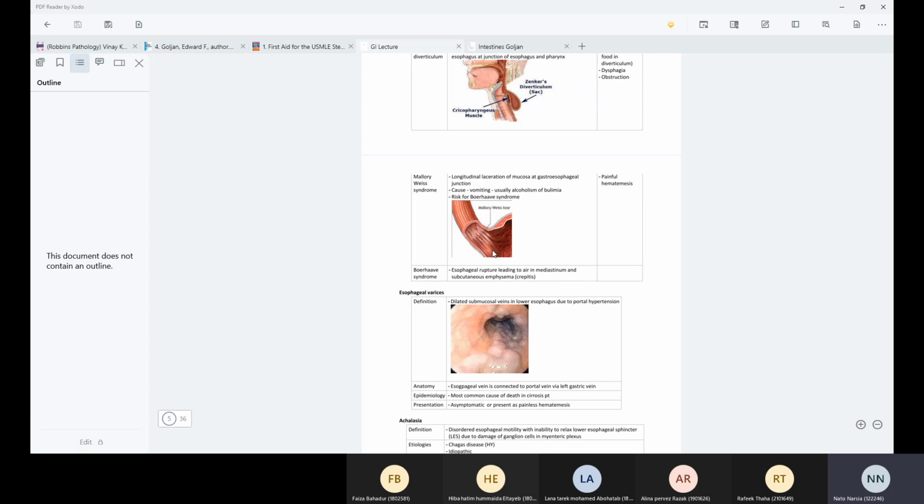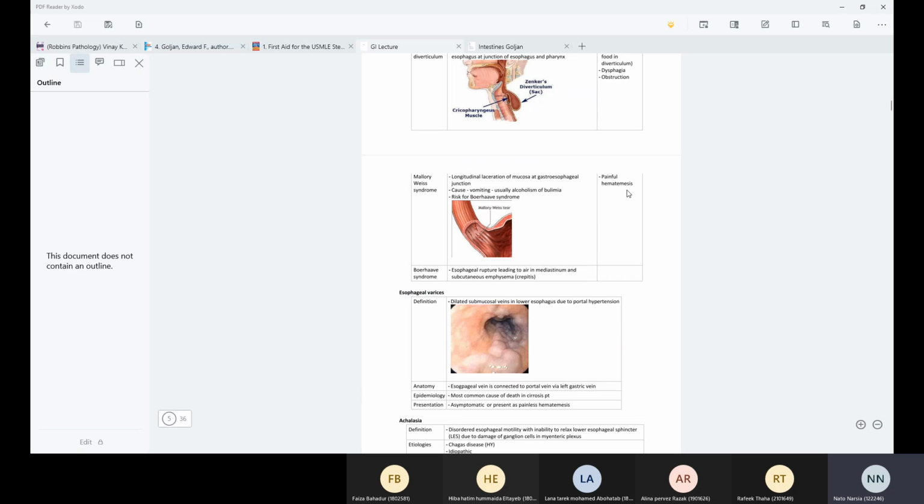Vomiting, guys, you know, right? They vomit blood, literally. And you see here painful hematemesis. That is an important clinical sign because hematemesis we can have painless as well, okay? Painless and painful. You always pay attention.